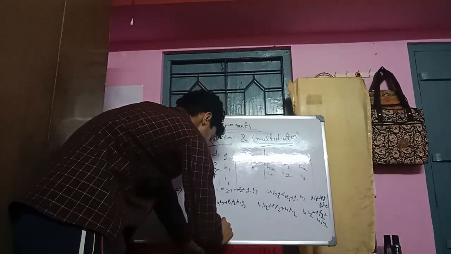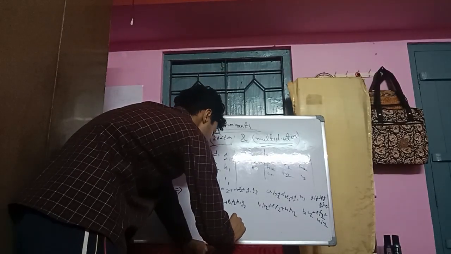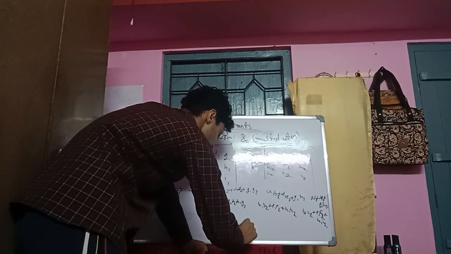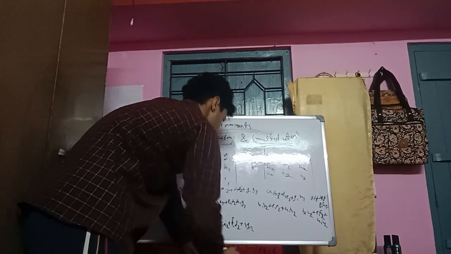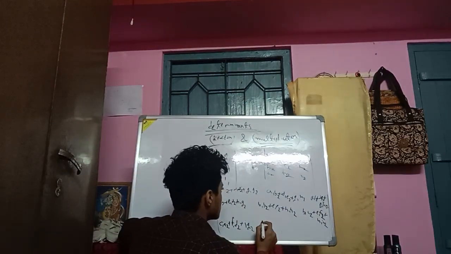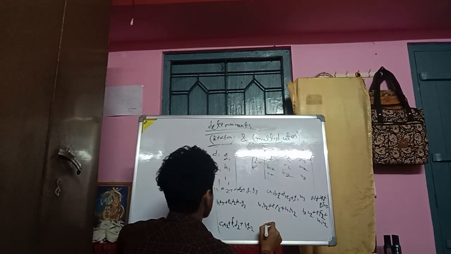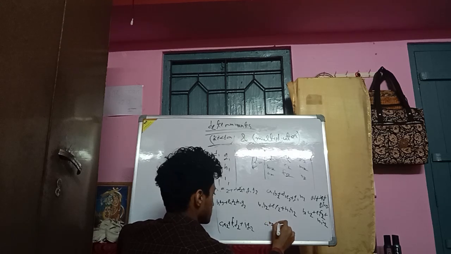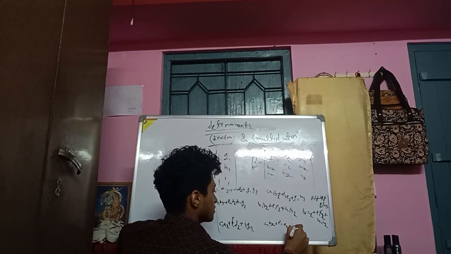The third row would look like C1 A2 plus F1 D2 plus I1 G2. Then the next element would be C1 B2, sorry, yeah, it would be C1 B2 plus F1 E2 plus I1 H2.